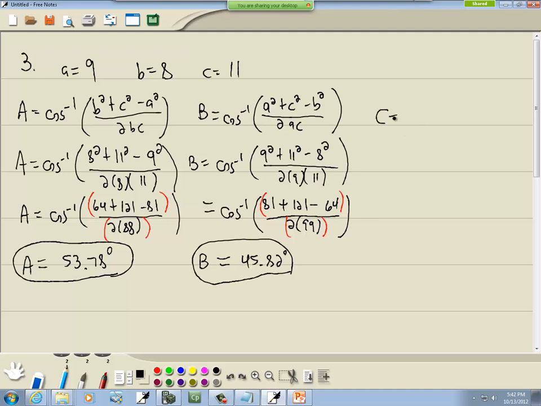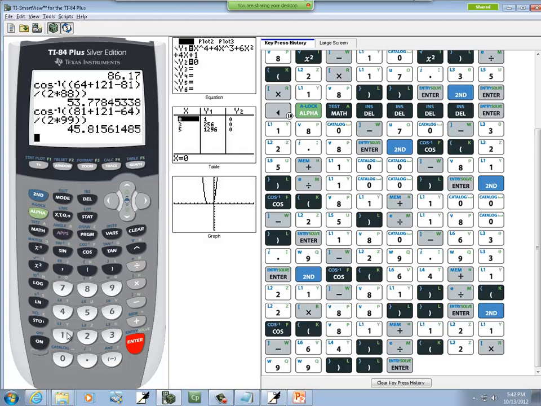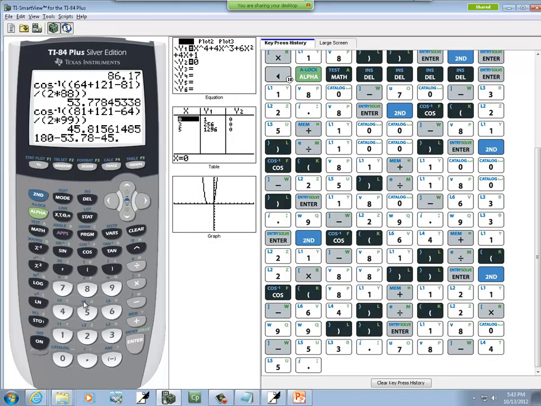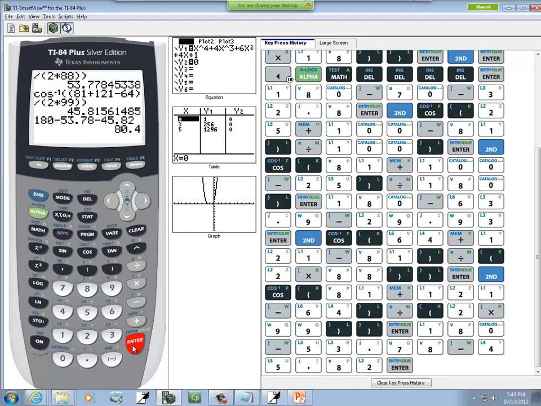Now for C. C is equal to 180 degrees minus A minus B. And again, I'm going to use approximations here because I want them to add up to 180. So 180 minus 53.78 degrees minus 45.82 degrees, and enter.